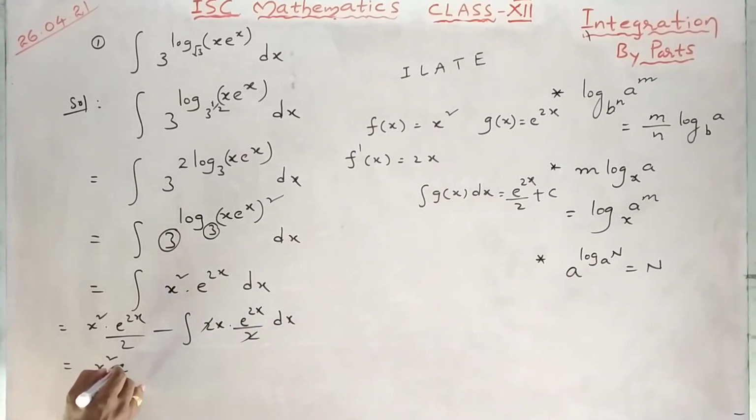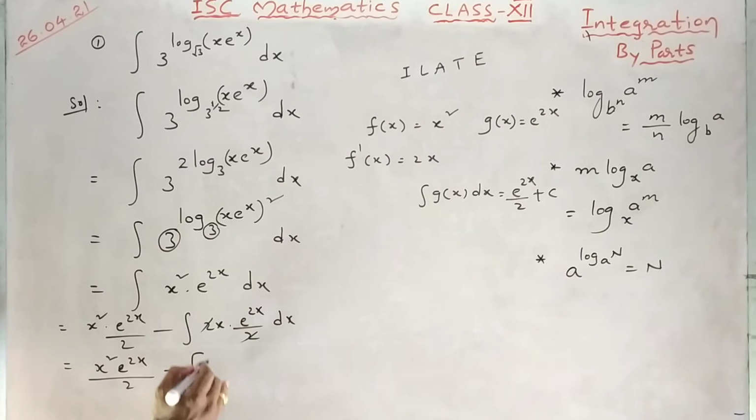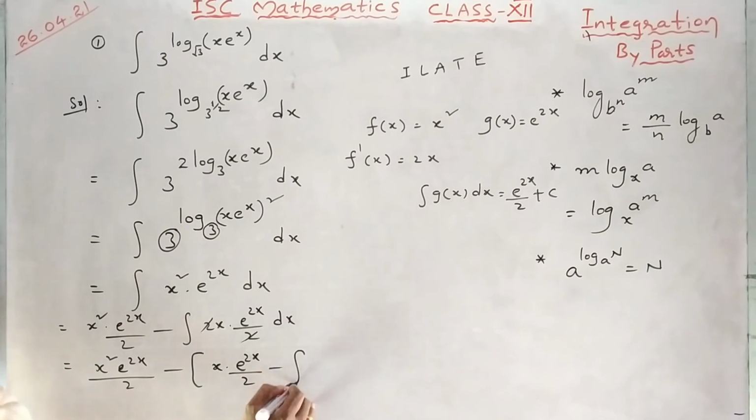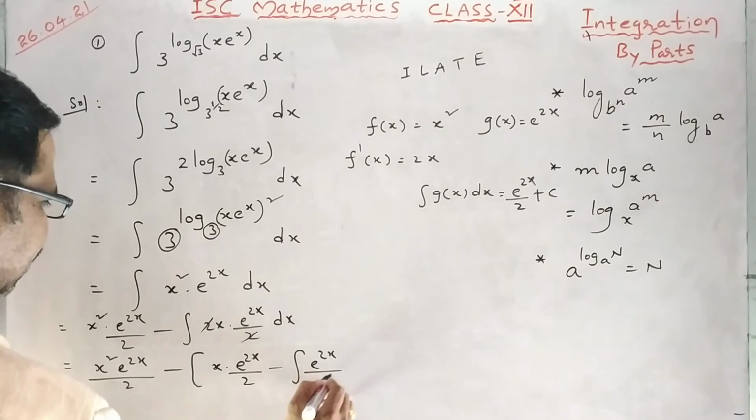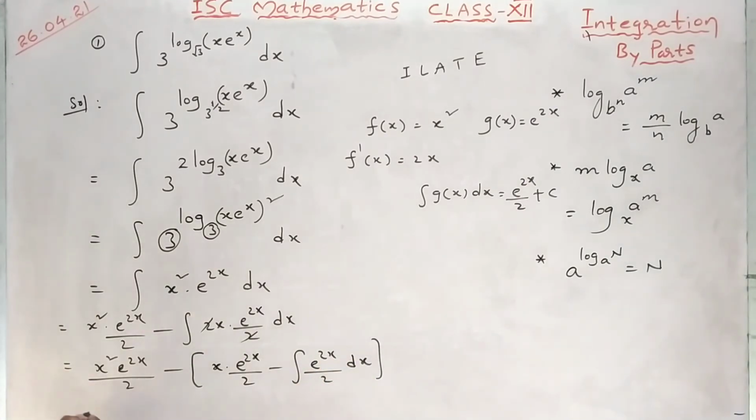So here x square e power 2x by 2 minus, again by parts, I am taking first function into integration of second function minus integration of first function derivative 1, integration will be this. Okay, plus c. So here x square e power 2x by 2 minus x e power 2x by 2 plus e power 2x by 4 plus c, that is the final answer.